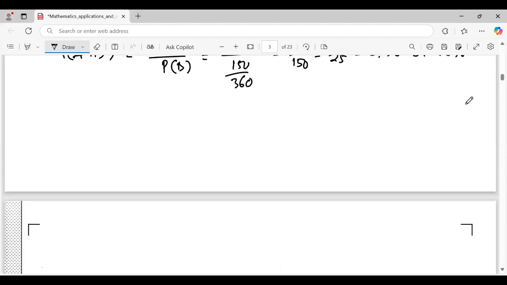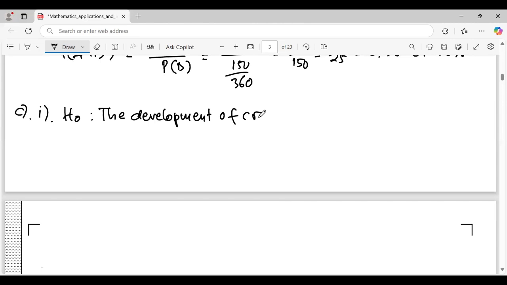Hypothesis first. Okay, so the null hypothesis is the development of cracks and technique used are independent.